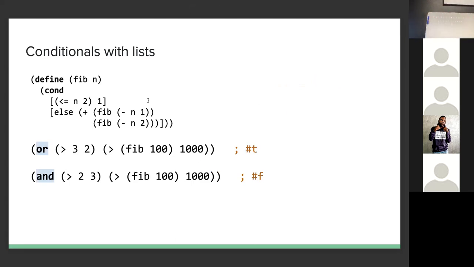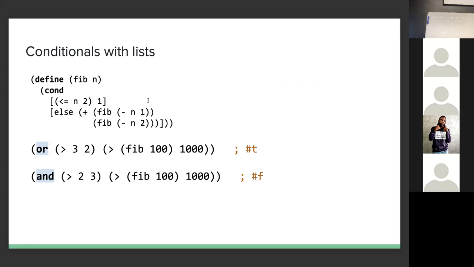So another thing is we talked about conditionals last time, but we only talked about if, which we said we are not going to be using because we're going to be defaulting to cond. And we briefly had or and and, but let me stop on them in a bit more detail for a second.